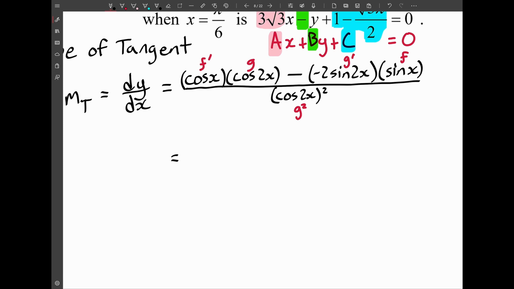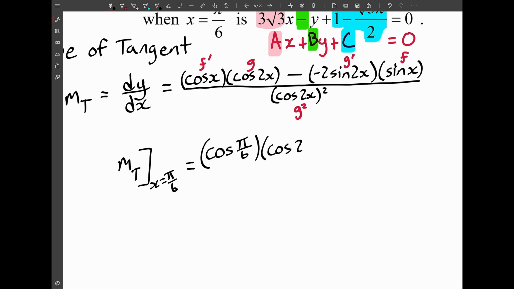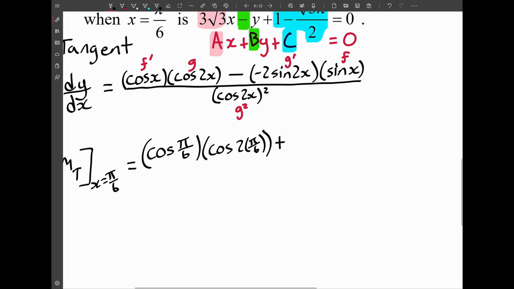So if we continue on down the line, the slope of this tangent specifically when x is equal to pi over 6, which is going to help us simplify this a lot, is equal to cosine of pi over 6 times cosine of 2 times pi over 6 minus, well, I'm going to do plus, minus times minus is plus, so I'm just going to group those now, 2 times sine of 2 times pi over 6.